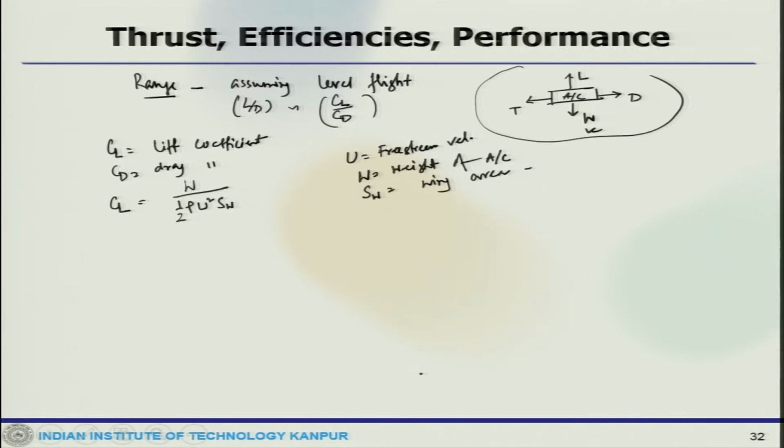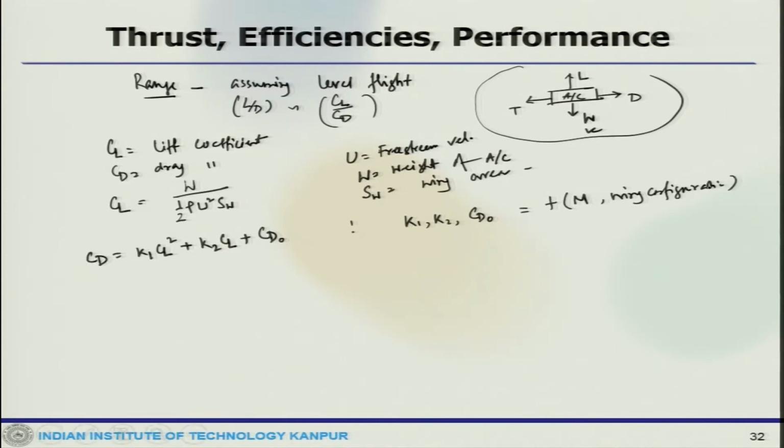And the drag coefficient can be calculated as CD equals K1 CL square plus K2 CL plus CD naught, where the constants K1, K2 and CD naught are typically functions of flight Mach number and wing configuration.